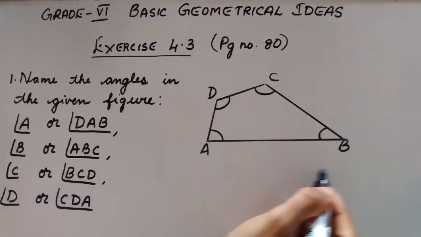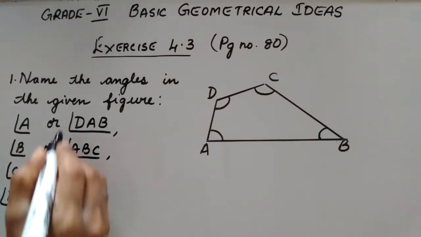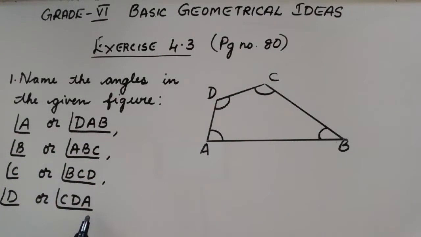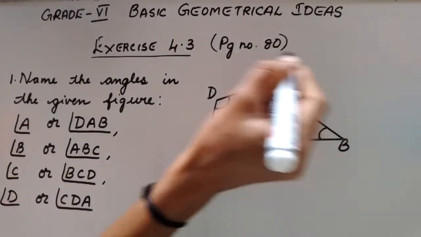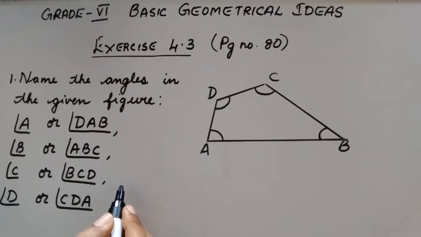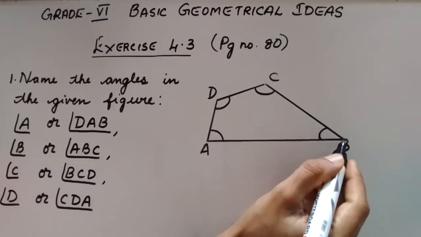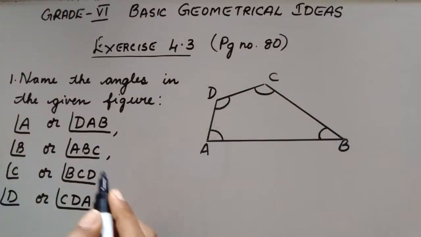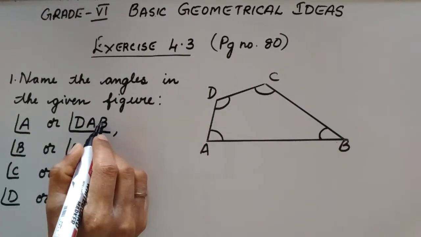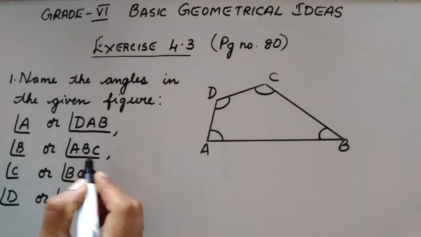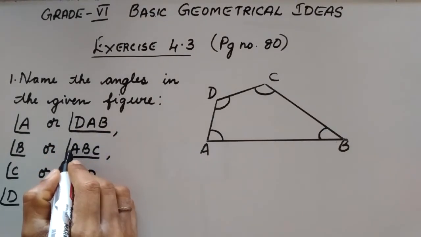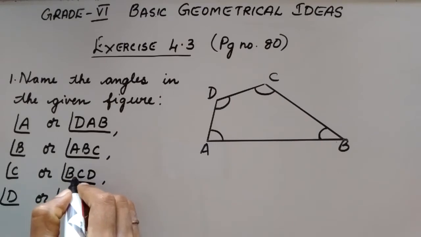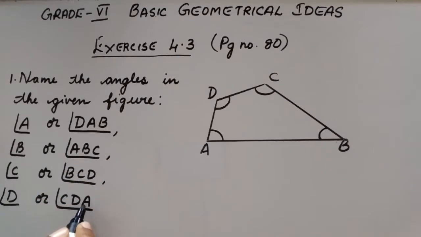Okay, students, I've gone anti-clockwise, naming the angles. I can also name the angles in the clockwise. So I can write angle BAD also, or I can write CBA, DCB, or ADC.